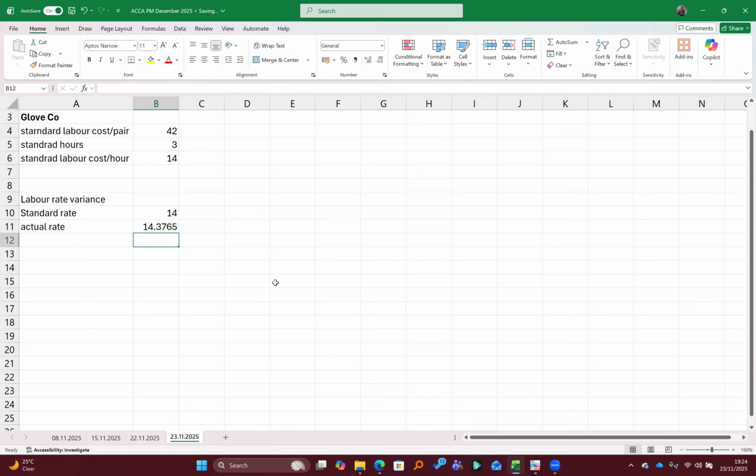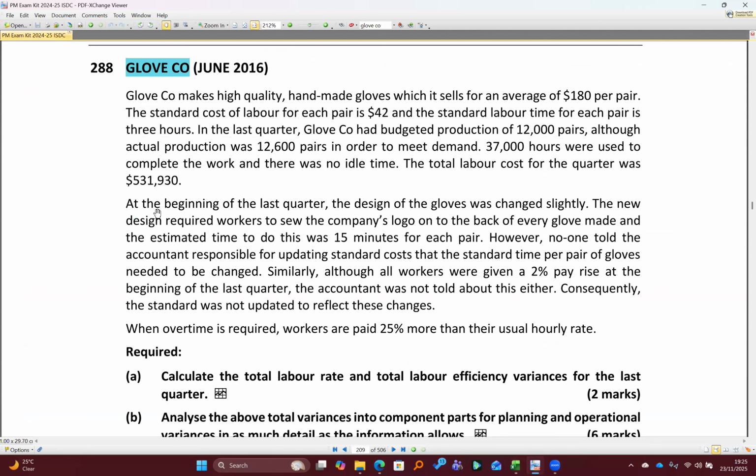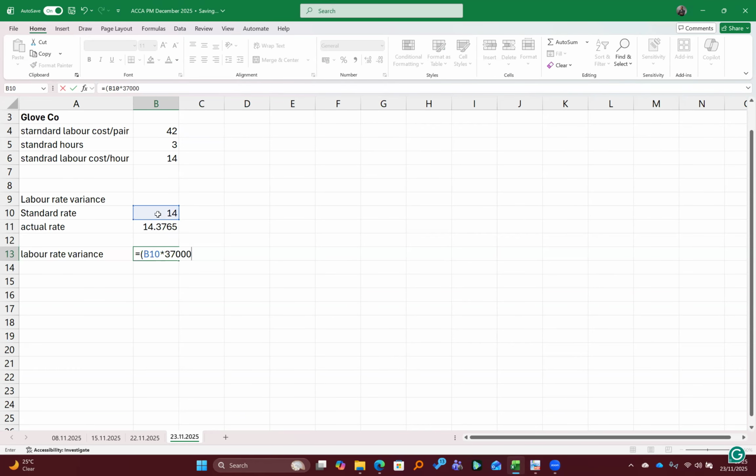Therefore, to get the labor rate variance, we take the standard rate multiplied by the actual hours, which is 37,000 hours, and subtract the actual rate multiplied by the actual hours, 37,000 hours.